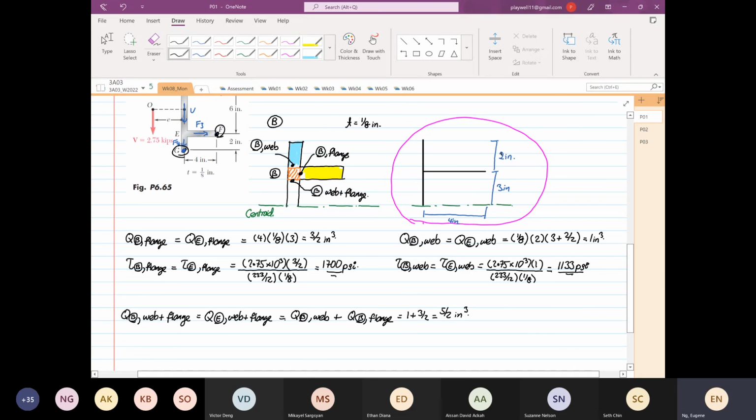And why I say we ignore the orange area: if we were to take the orange area into consideration, you have 1/8 multiplied by 1/8 multiplied by 3. So you have 3/64.